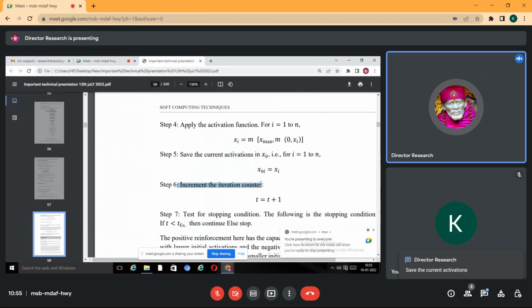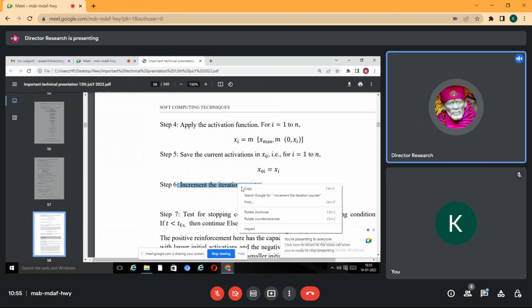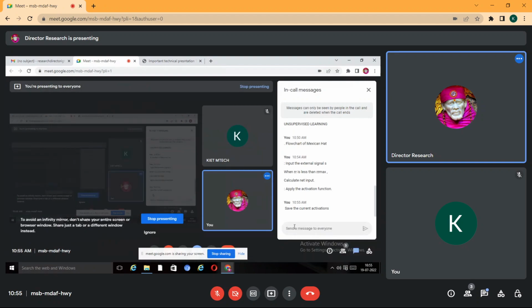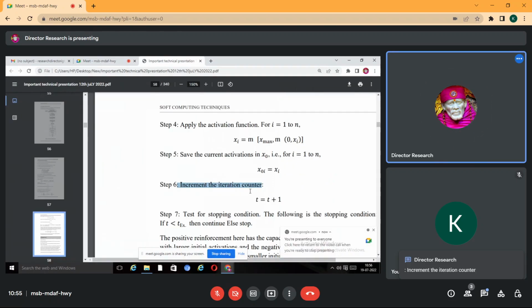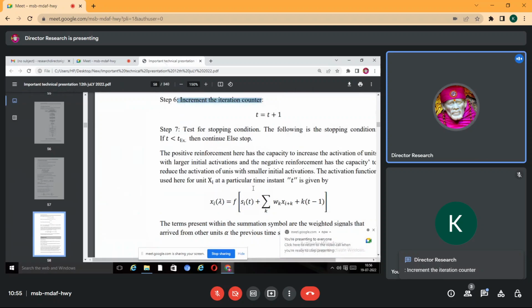Step 6, increment the iteration counter. Step 7, test for stopping condition.